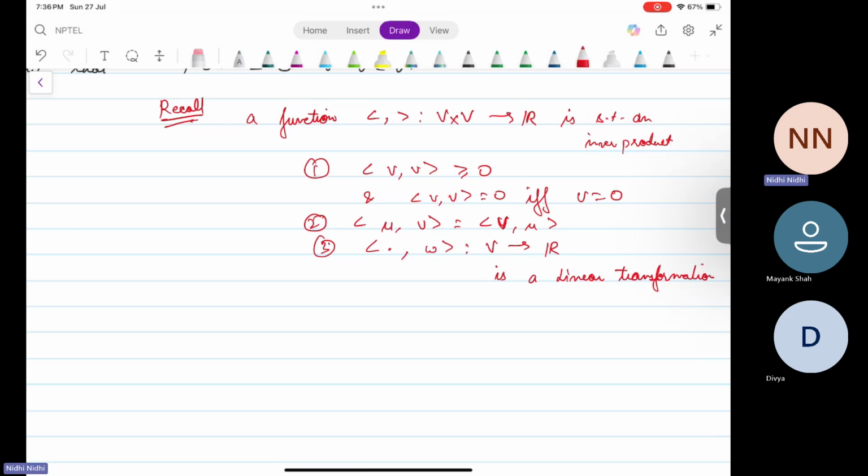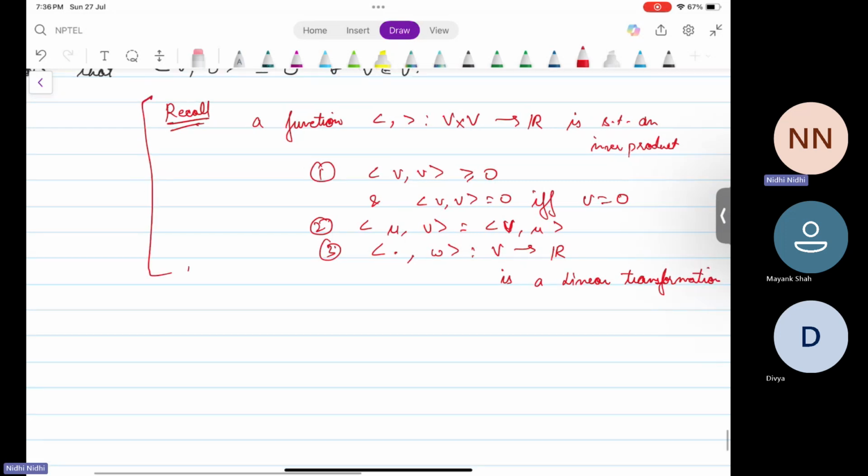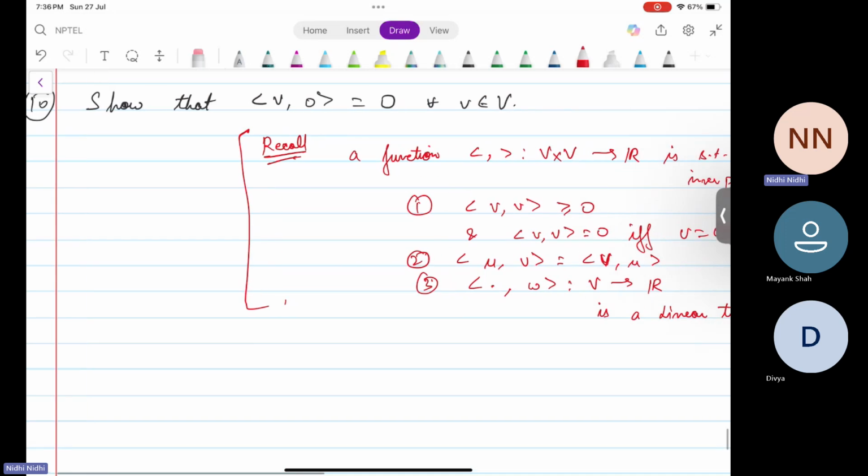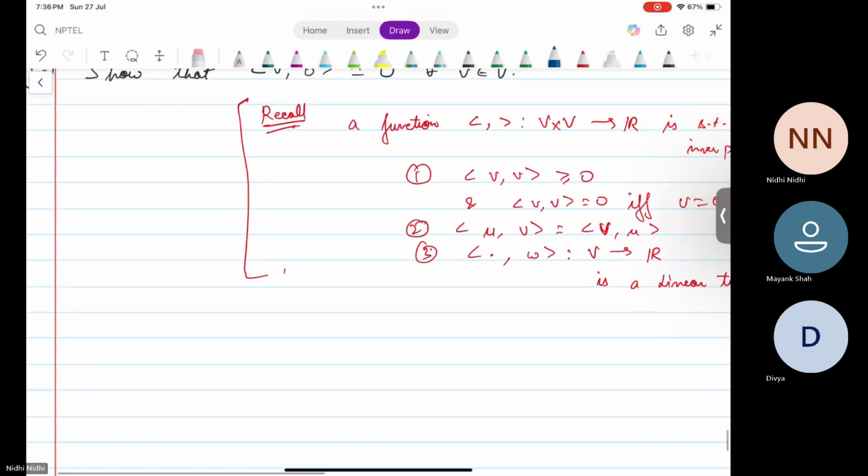So using these properties of inner product, we will see that for any vector v in the inner product space V, its inner product with 0 is always 0. (v, 0) is equal to, by the symmetry property, (0, v). Now this 0 can be written as w minus w, because 0 is the zero vector.